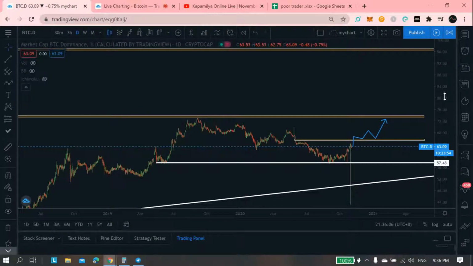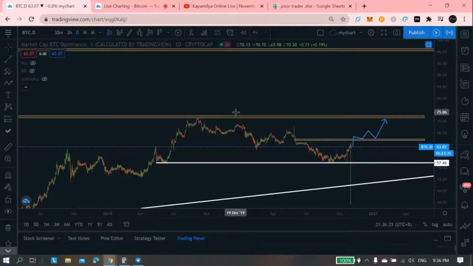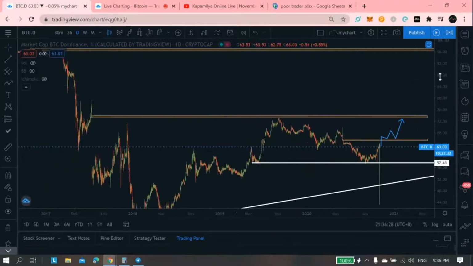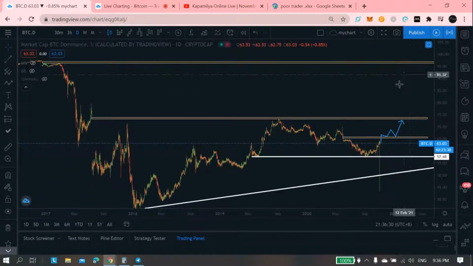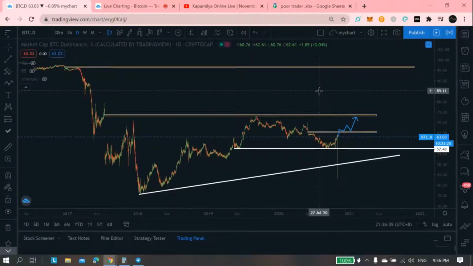Because normally, as what I mentioned a while ago, November, December, and January usually have higher growth versus the other months. So yeah, let's see how it goes for BTC. So for this 97 area, it really depends on Bitcoin adoption because this is already a very high dominance.